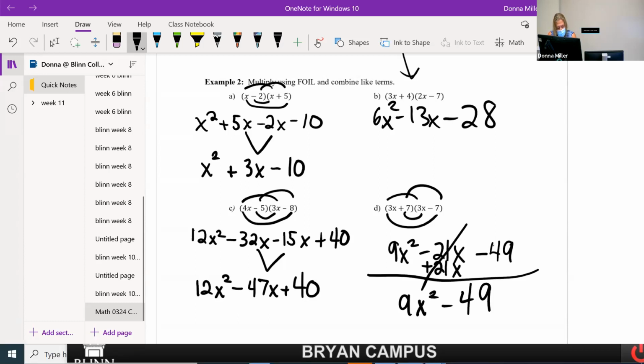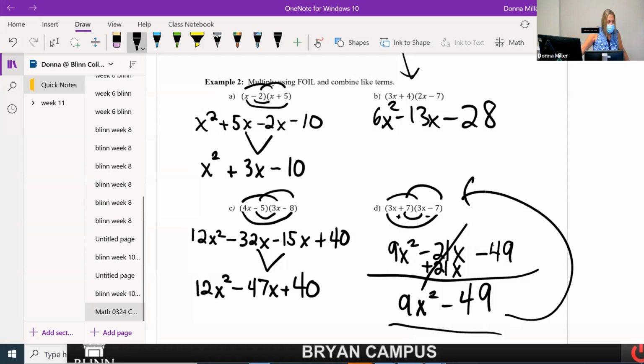So what I want you to notice is when you have a plus and a minus, the insides and the outsides always cancel, because it creates a difference of squares. And Thursday, we're going to factor. We're going to go the other way, from this to that. That's what we're going to do first.